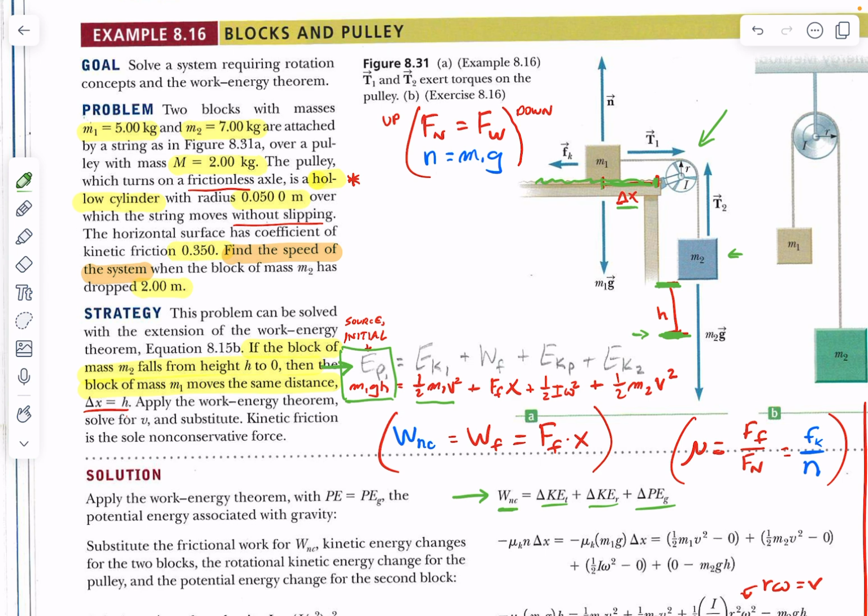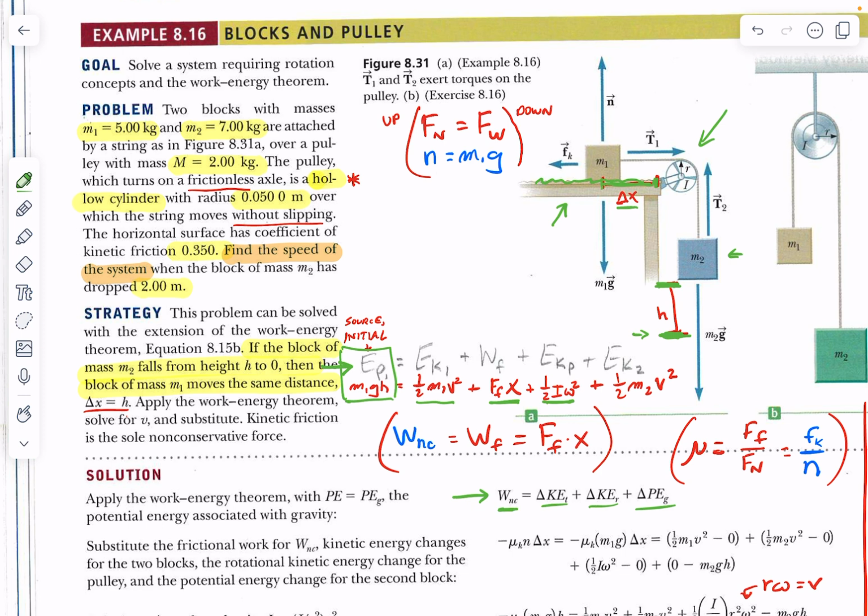And we know that the block up here is going to be encountering friction as it moves through a change in position of delta x. So the work that's done to overcome friction is going to be the force of friction times x. And there's also going to be energy to get that wheel to spin, because the wheel is going to resist spinning.